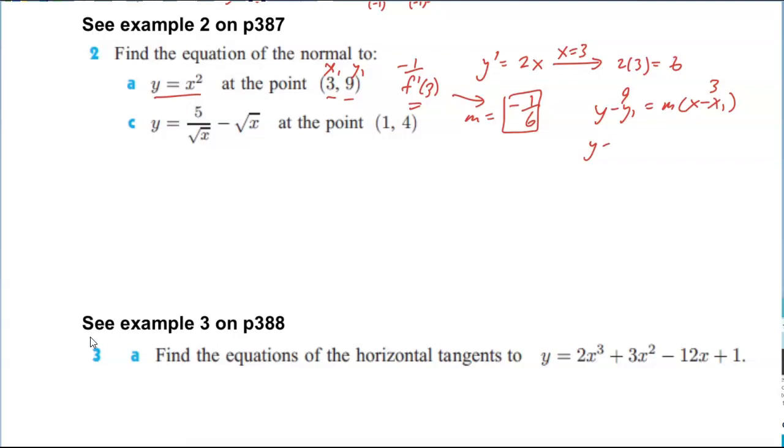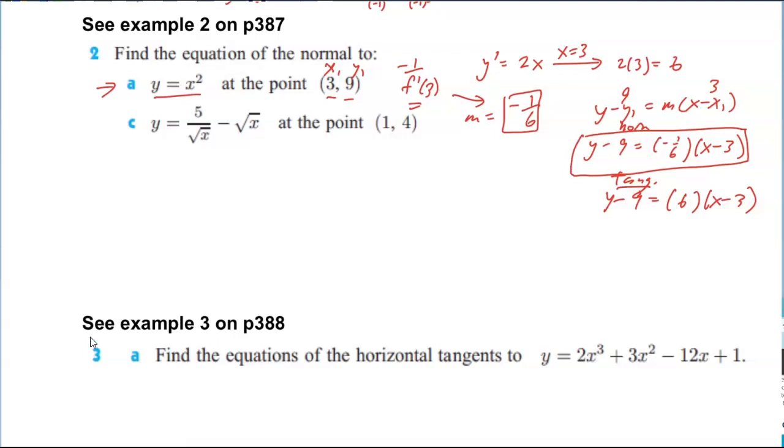So it's going to be y minus 9 equals -1/6 times x minus 3. This is our normal line equation for 2a. What would have been the tangent line equation? The only difference would have been, instead of -1 over 6, it just would have been 6, right? This would have been the tangent line equation, and this is the normal line equation.